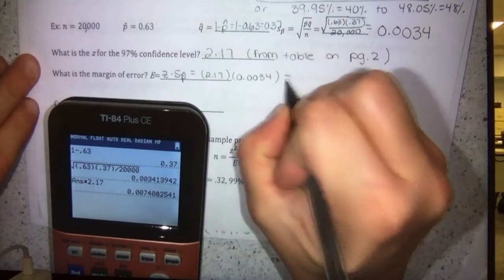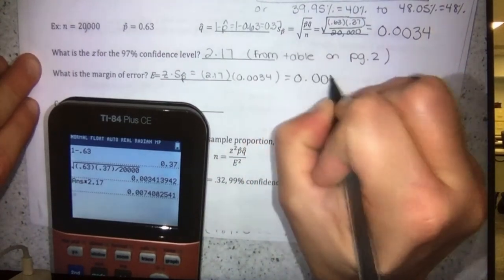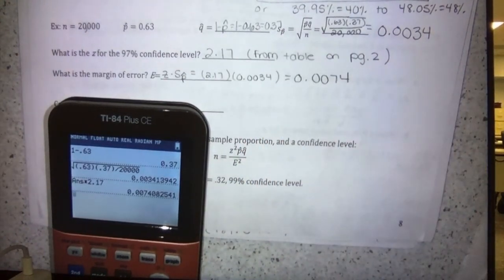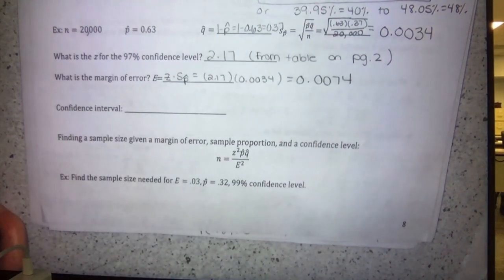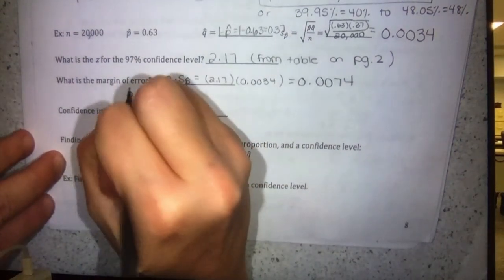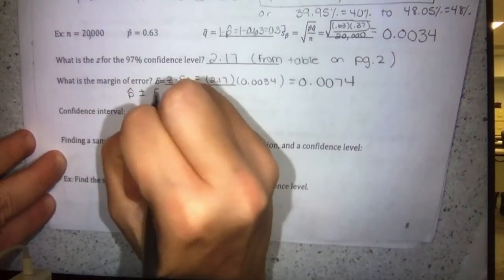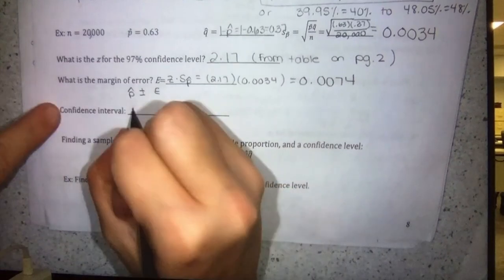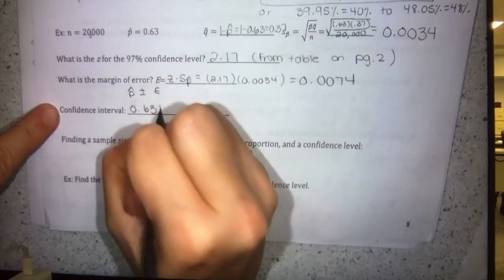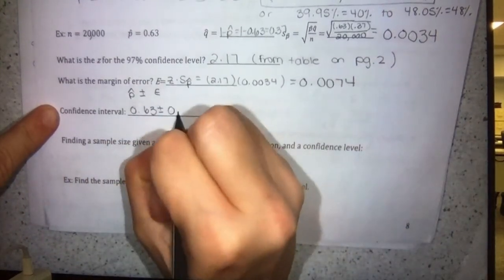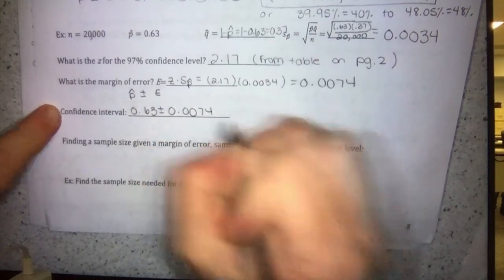So we should get 0.0074. So finding our confidence interval, we know is p hat plus or minus our error. Our p hat we said was 0.63 plus or minus our error, which is 0.0074.